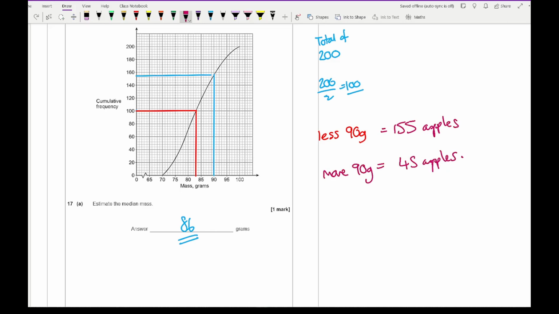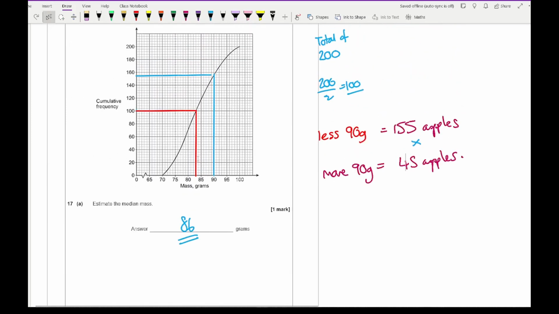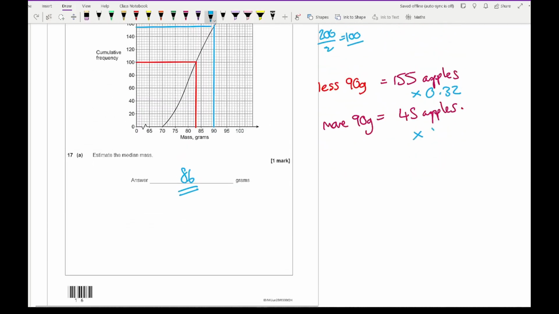Now in terms of that then, if we multiply 155 by 32 pence, so 0.32, and we multiply the 45 by 39 pence, we should get the total amount. So the total value is going to be 155 times 0.32 plus 45 times 0.39.